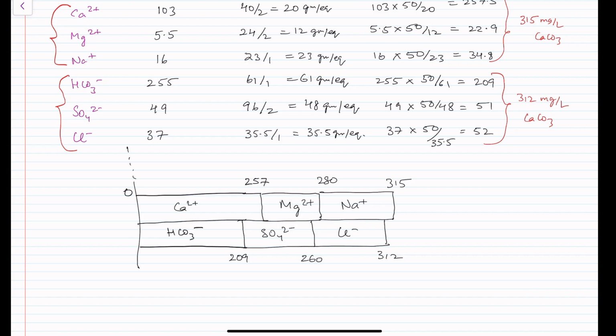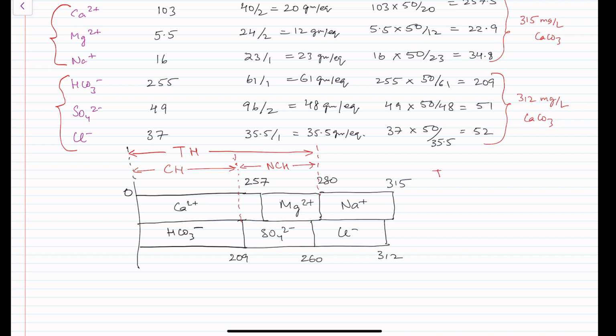So calcium and magnesium together, in this case, would be the total hardness right here, which is 280, and then the alkalinity is contributed by the bicarbonate. The hardness associated with bicarbonate is the carbonate hardness, and the rest would be the non-carbonate hardness.